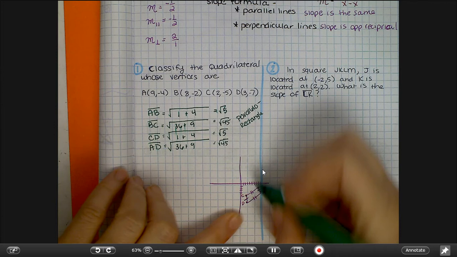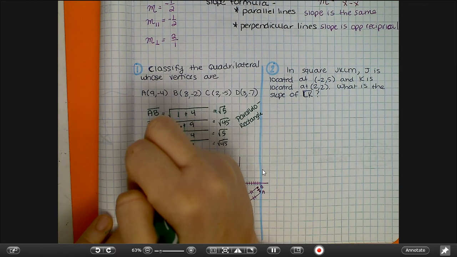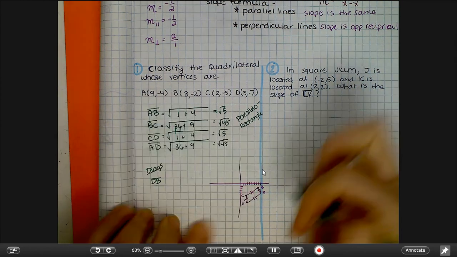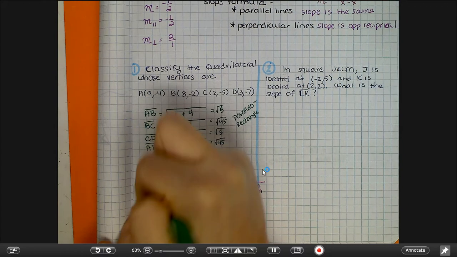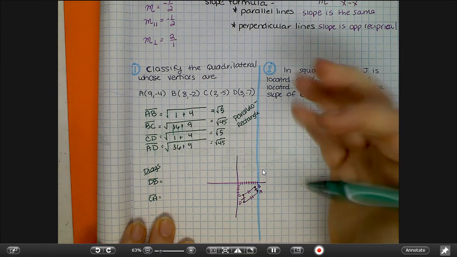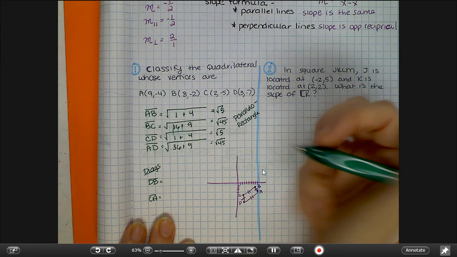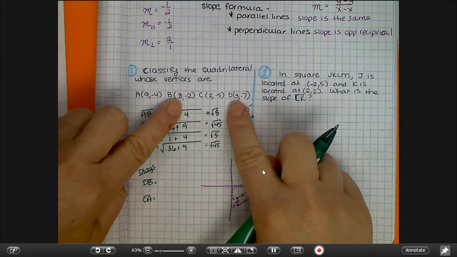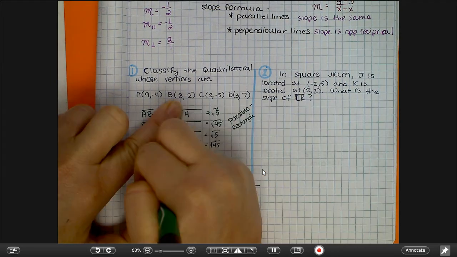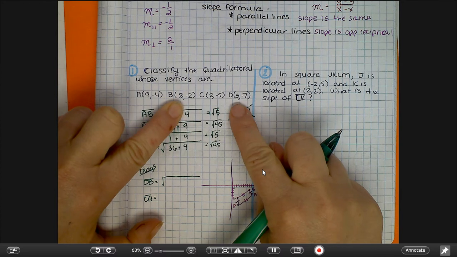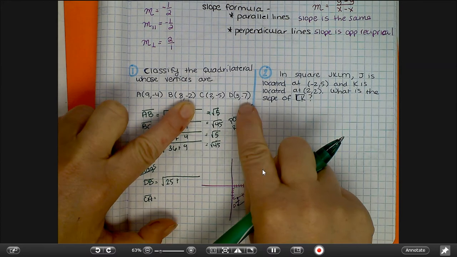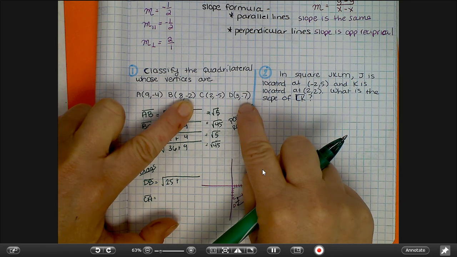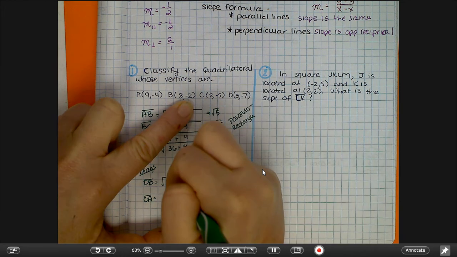The diagonals would be DB and CA. Now, if these are congruent, then it has to be a rectangle, because a rectangle has congruent diagonals. So DB: 8 minus 3 is 5, squared is 25, plus -2 minus -7 is -2 plus 7, so 5 squared is 25.